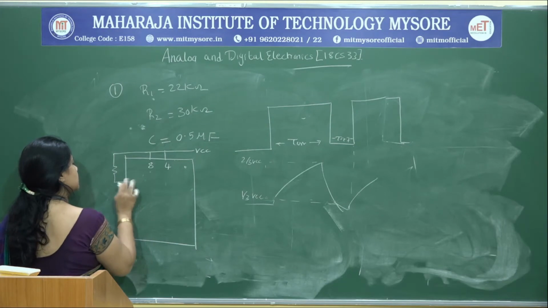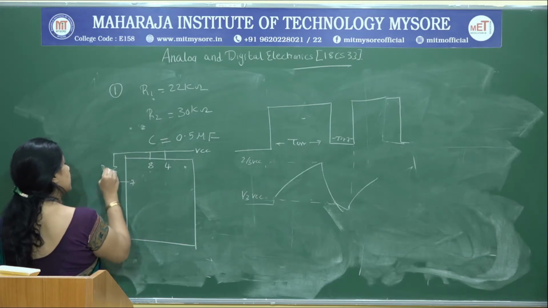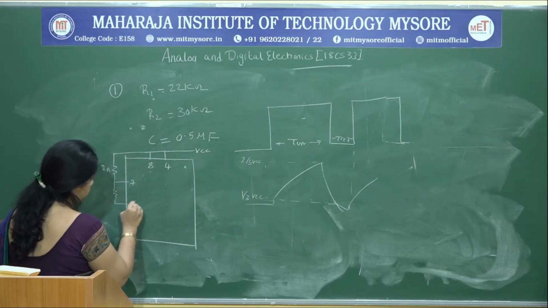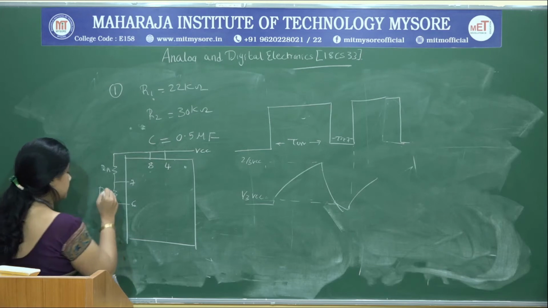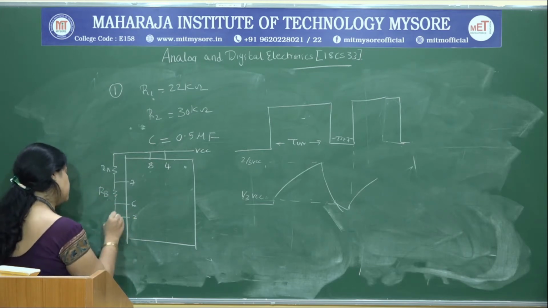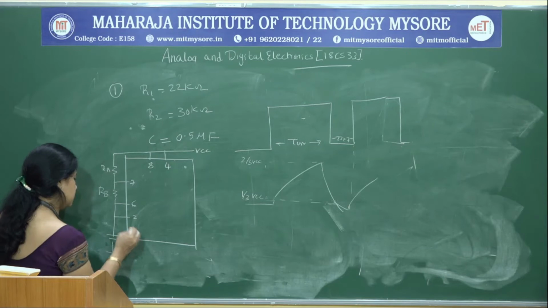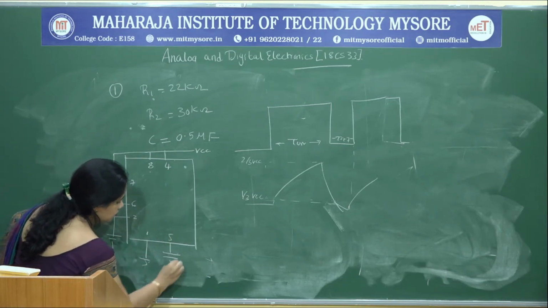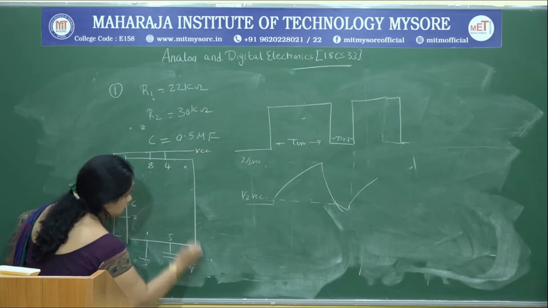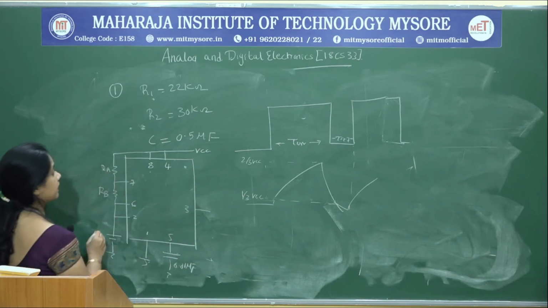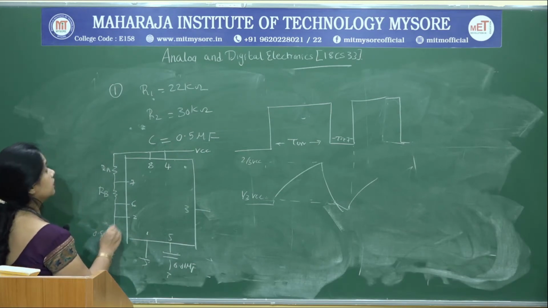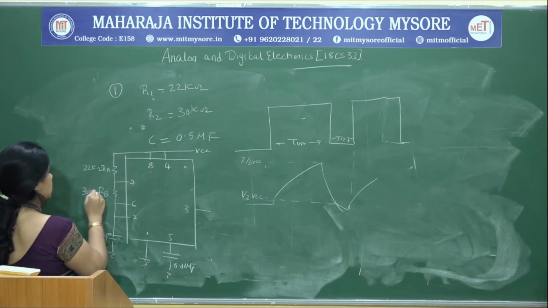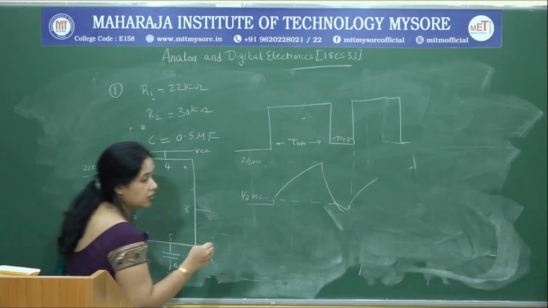The discharge transistor is connected to pin number 7, RA, and between 7 and 6 we have RB, and pin 2 to the capacitor, 6, 1 is ground, 5 is the control, 3 is the output. He says the capacitance value is 0.5 microfarad, this resistance is 22 kilo ohm, this resistance is 30 kilo ohm. Now, you are asked to determine T on and T off.